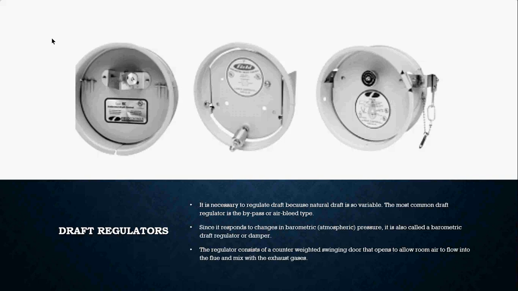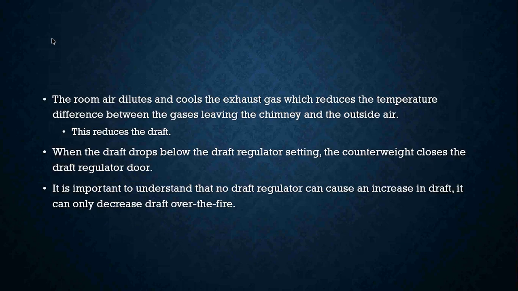The regulator consists of a counter-weighted swinging door that opens to allow room air to flow into the flue and mix with your exhaust gases. The room air dilutes and cools the exhaust gases, which reduces the temperature difference between the gases leaving the chimney and the outside air, and therefore that's going to reduce the draft.